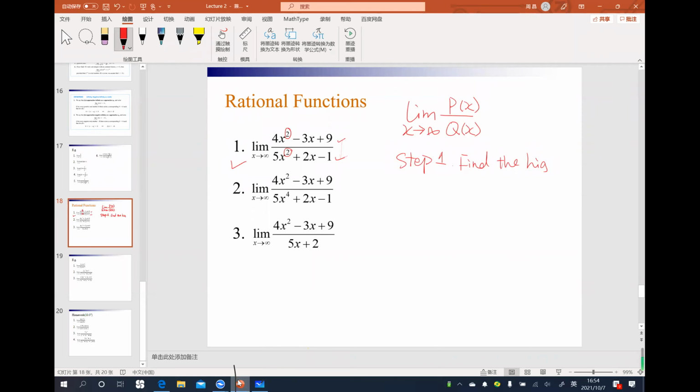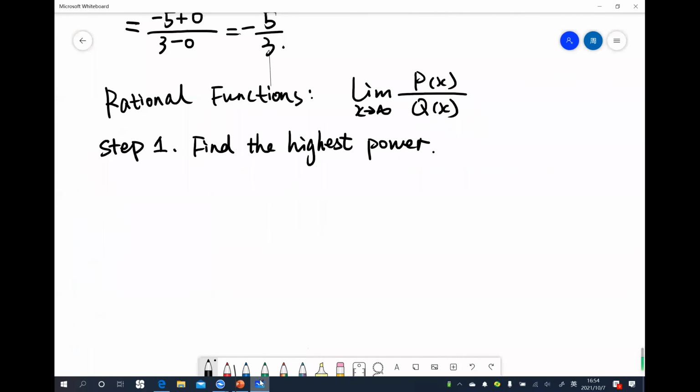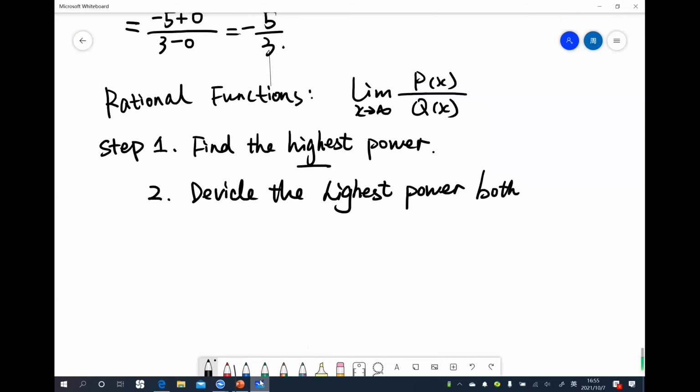Then divide the numerator and denominator by the highest power of x. So first find the highest power, and then divide both up and down, numerator and denominator.